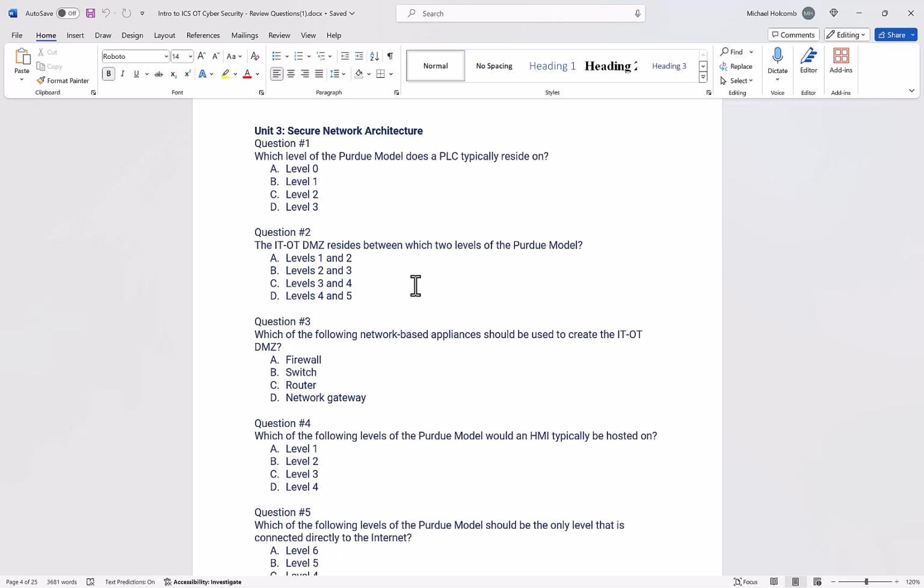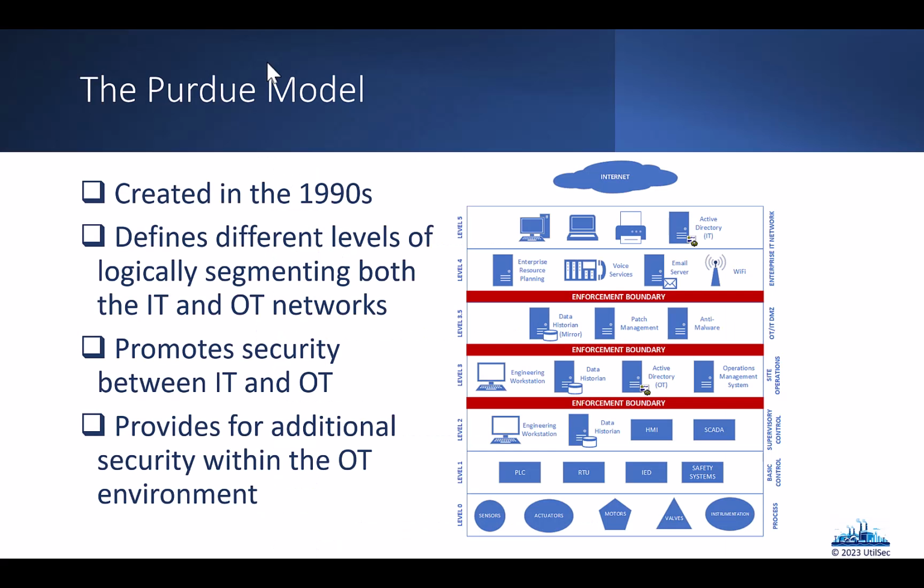So question 1, which level of the Purdue model does a PLC reside on? Maybe as we go through this section, it makes sense for me to pull up the Purdue model so you can see it. Just one sec. So I pulled up the Purdue model, and we can look at the layered approach, how IT systems talk within IT, but really how OT is structured, how systems within the OT environment work, and how IT and OT interact.